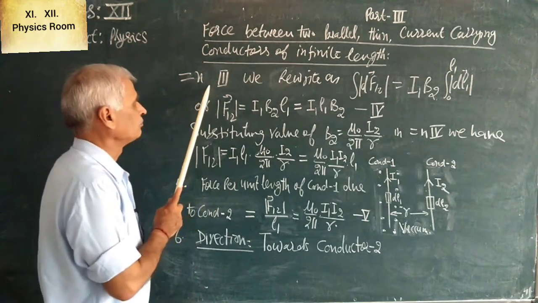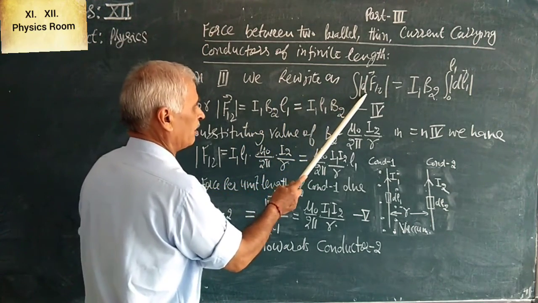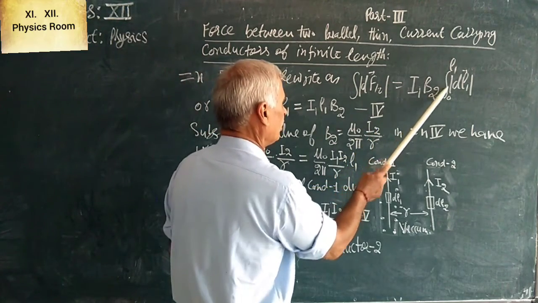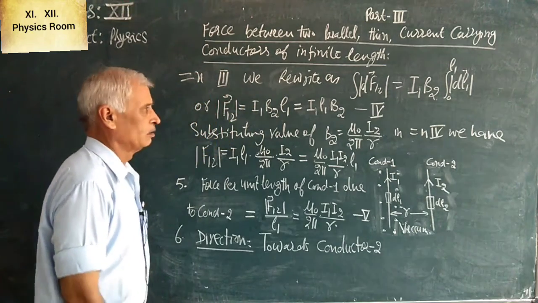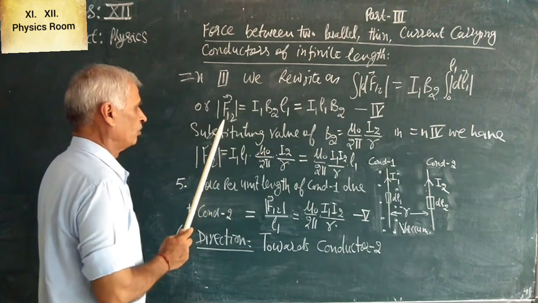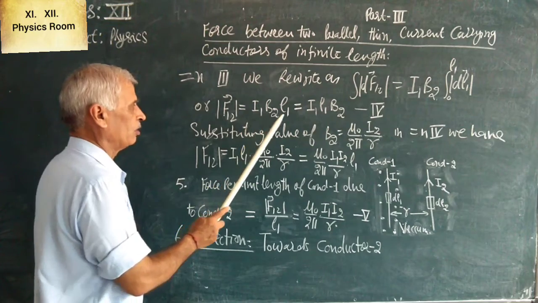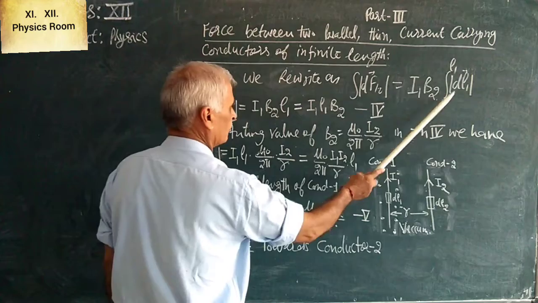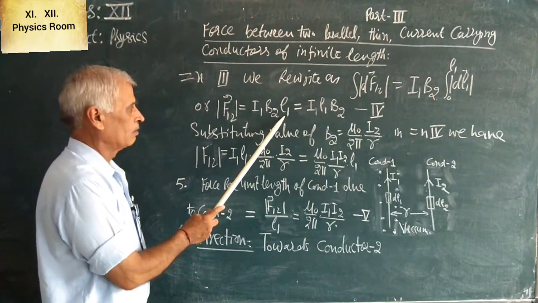Equation 3 we rewrite as integration mod dF12 is equal to I1 B2 integration 0 to L1 mod dl1. Now after integrating, we write dF12 as F12 and it is equal to I1 B2 L1, because integration dl1 from 0 to L1 evaluates to L1.